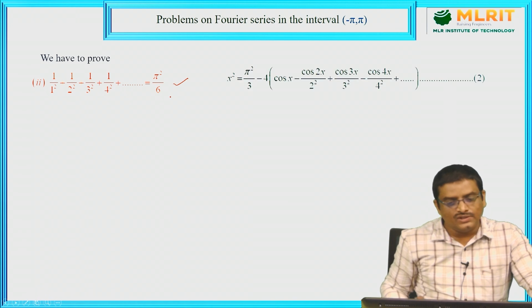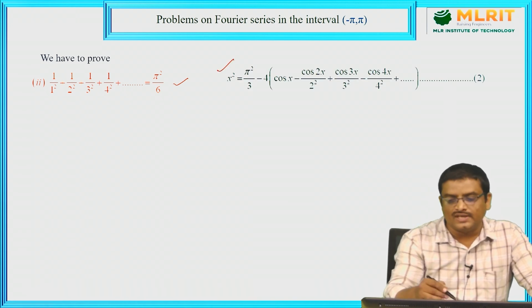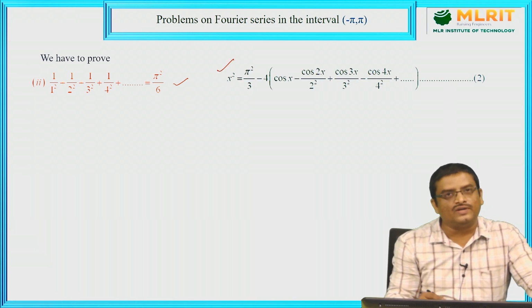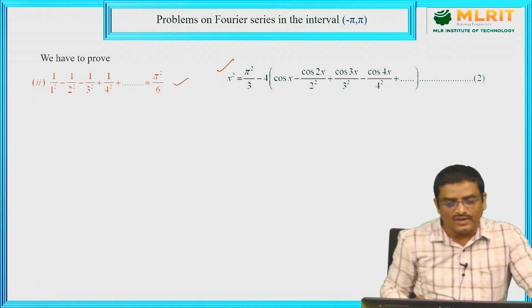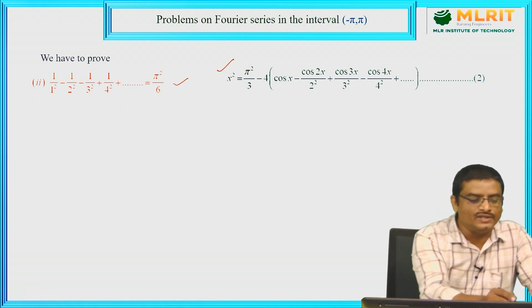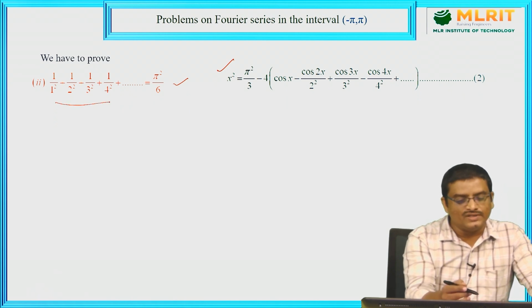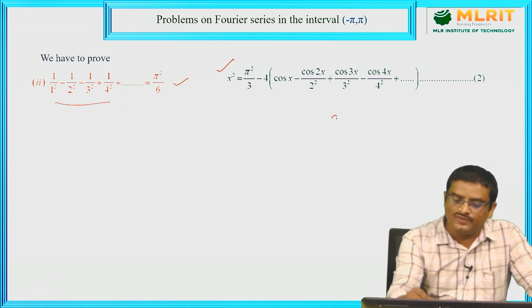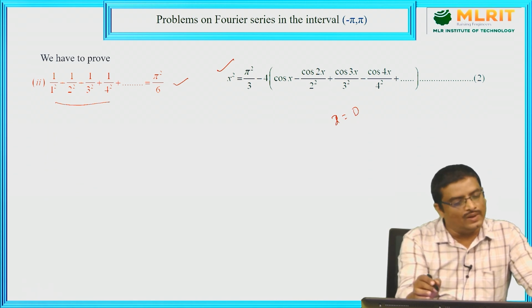For this also, we have to take the help of this second Fourier series, what we got for the given function. And in this function, once again, we have to substitute a suitable value of x in order to get these values here. In the first condition, we had taken x is equal to 0. We got cos 0, 1, 1 in the numerator here.